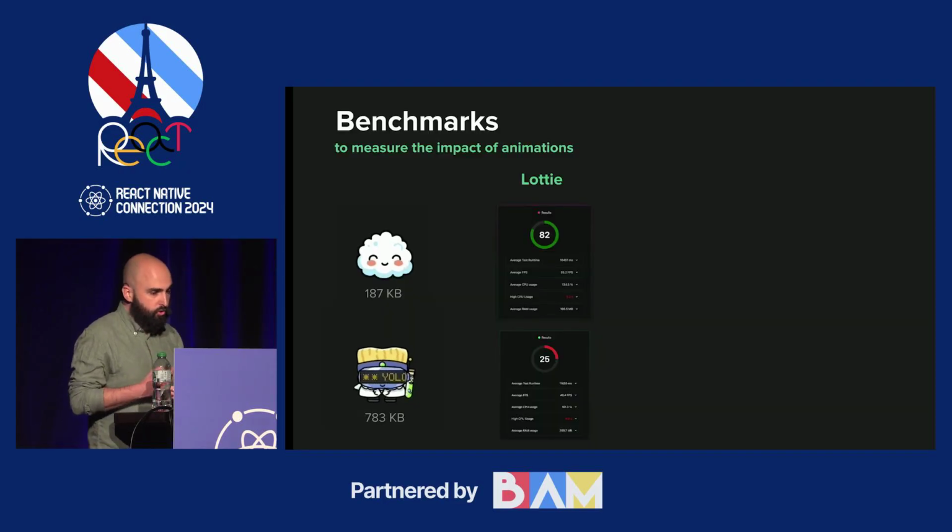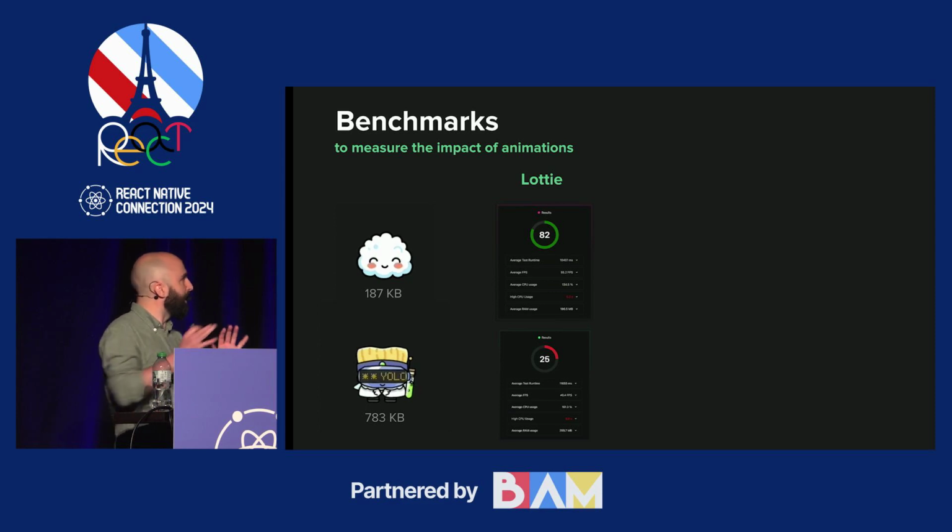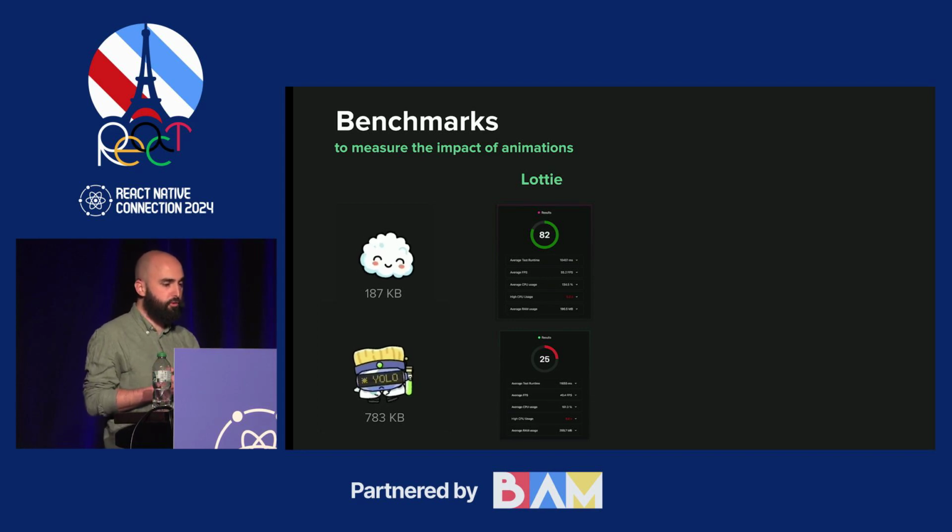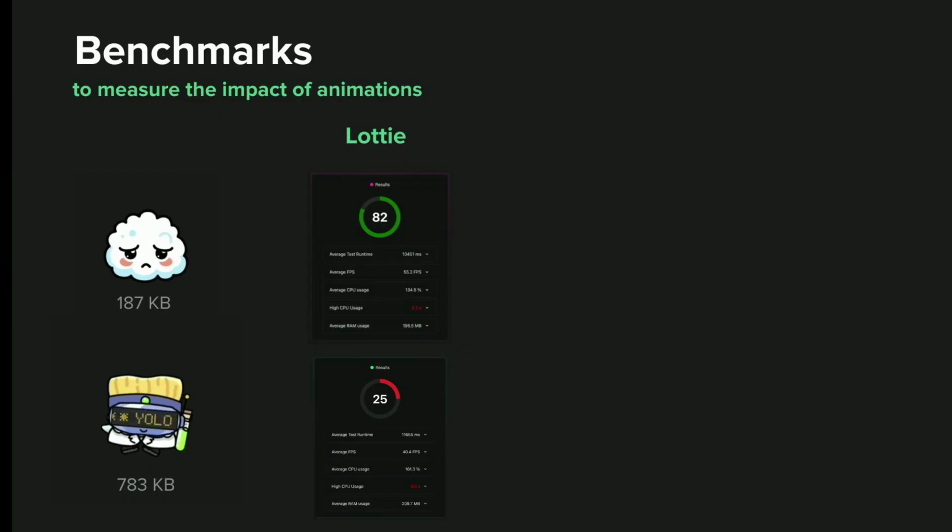So, working on a little game animation, I've been benchmarking the impact of animation. There are two animations here, a small one that is 187 kilobytes, and the second one that is near 800 kilobytes with more complex stuff inside.